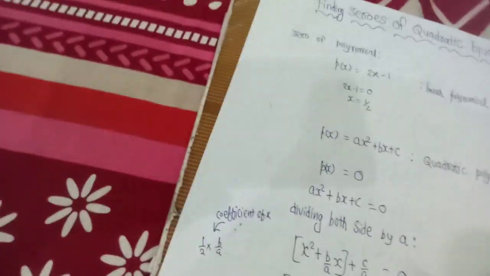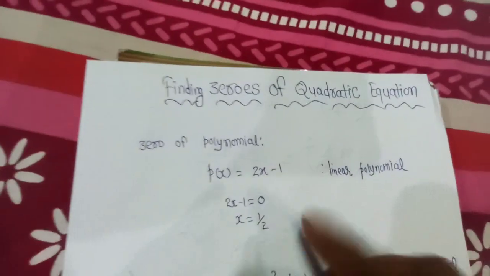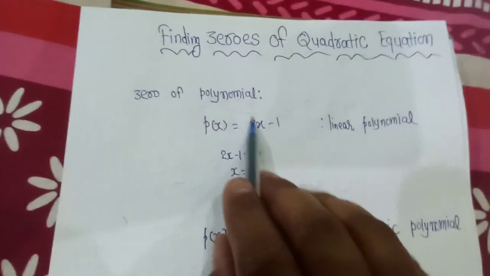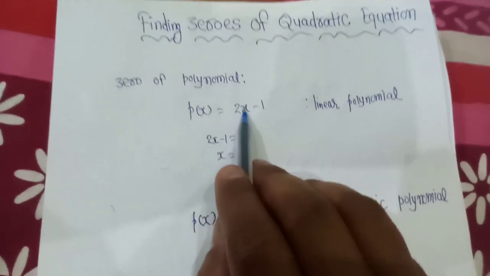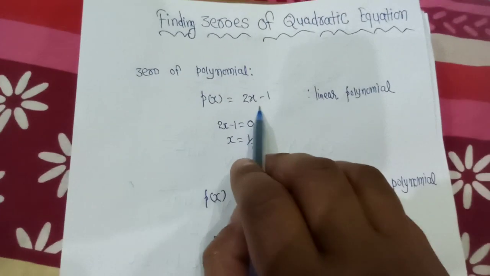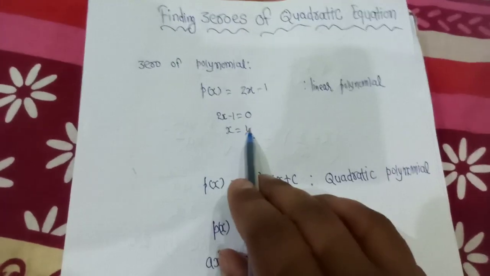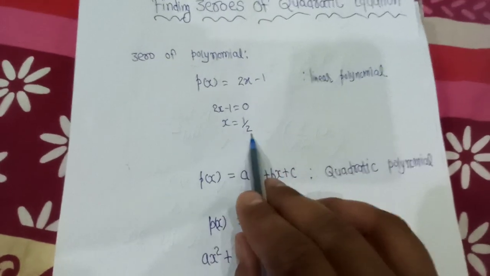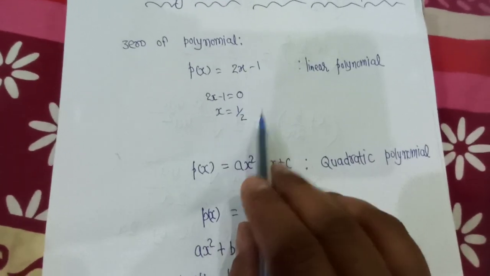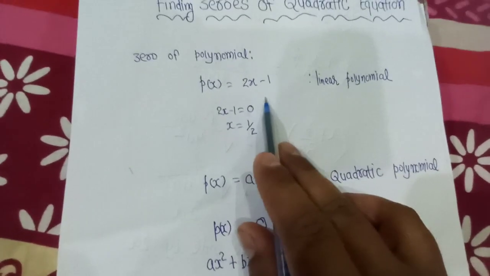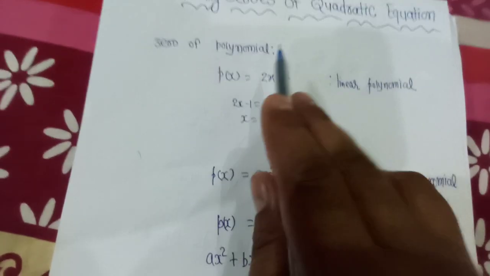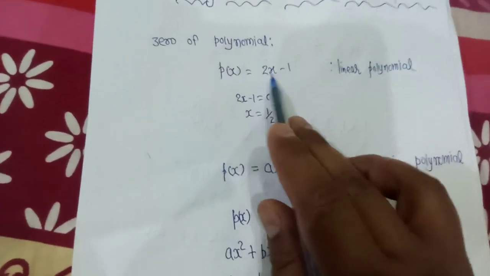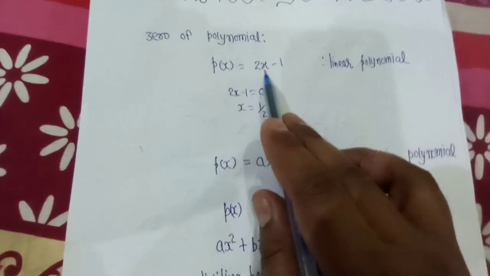So we want to find the zero of a quadratic equation. In case of a linear polynomial, we simply equated the polynomial to 0 and found the value of the variable, and this was the zero of the polynomial. In this case, you can simply guess the zero of this polynomial.